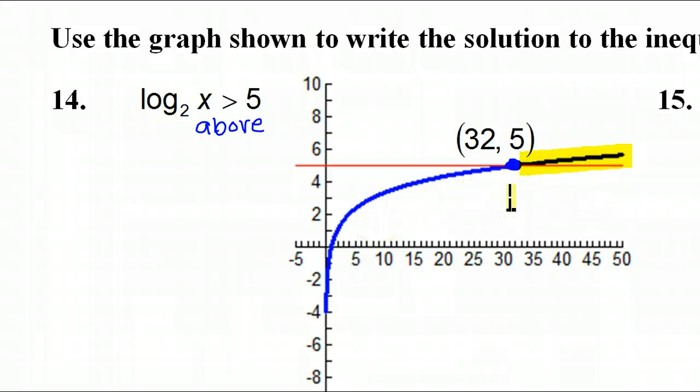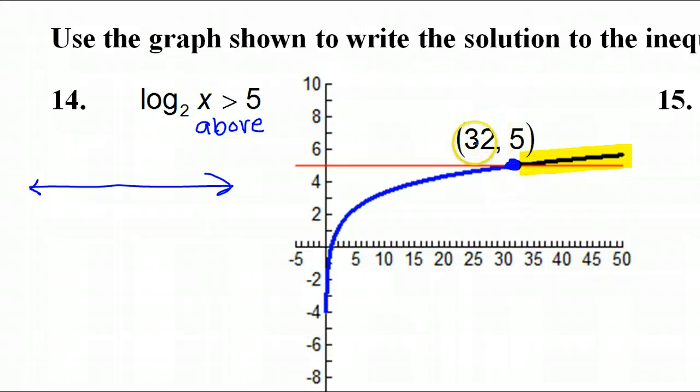So that's above 5. Now, when I translate this into a number line graph, okay, because I'm strictly looking at the x values for my solutions. First of all, I need the critical value, where it all starts being above the line. And the critical value is right here.